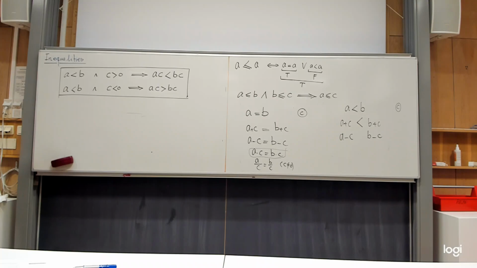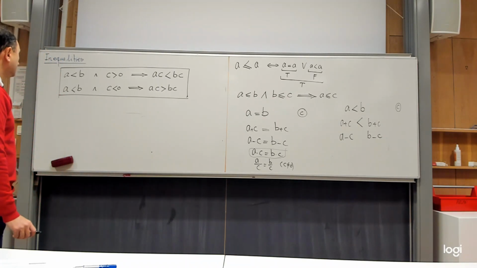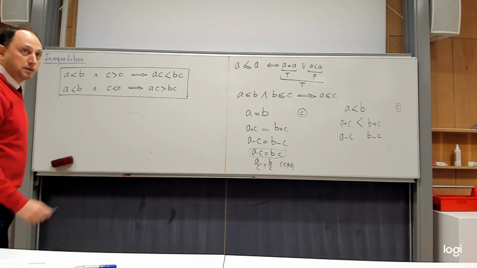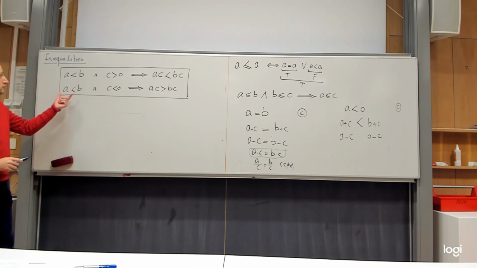Okay? Yes? If both A and B are negative in the first case, that's not true, right? Yes, it is still right. The point is that if you start with a true statement, you don't need to be worried about the signs of A and B. What you need to be worried about is to start with the true statement.